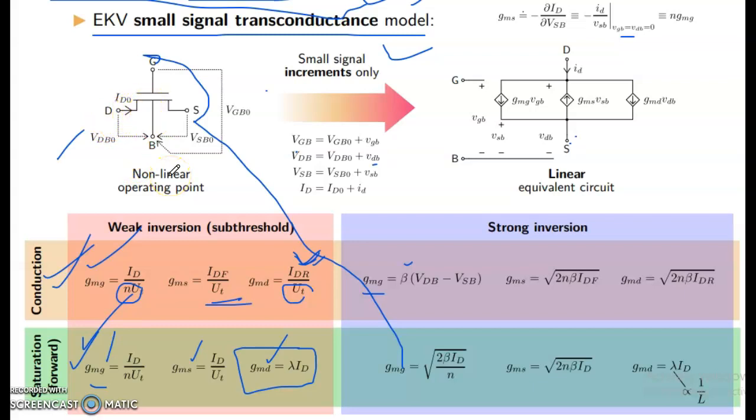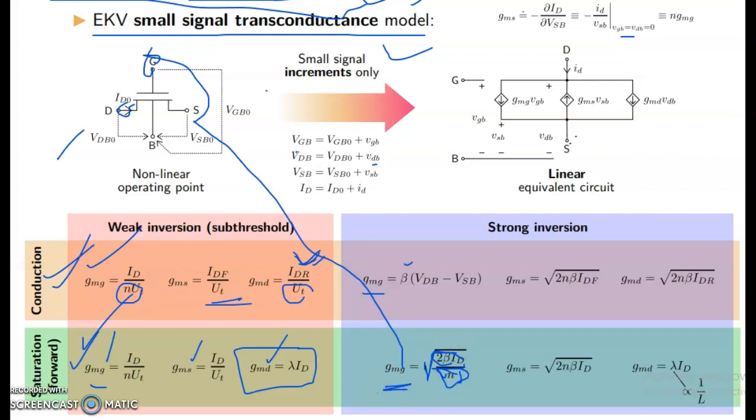Then two times beta multiplied with the ID forward for GMG in saturation mode, then divided by n, then square root.